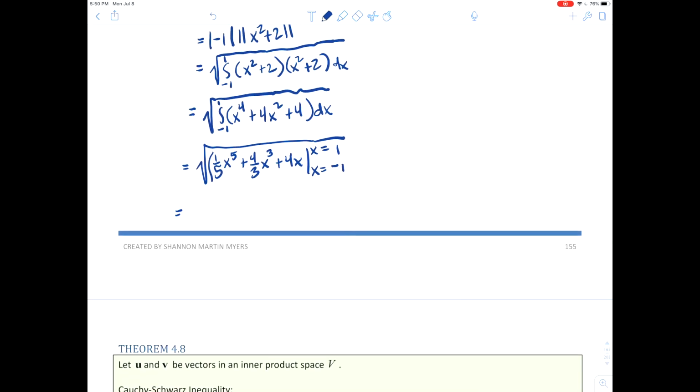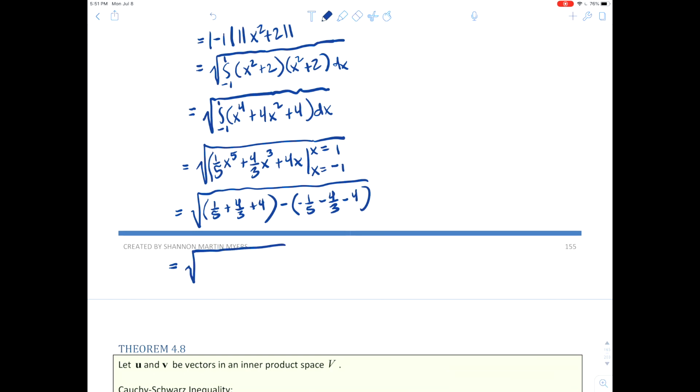And we will have the square root of 1/5 plus 4/3 plus 4 minus -1/5 minus 4/3 minus 4. So nothing will zero out on that, I don't think.